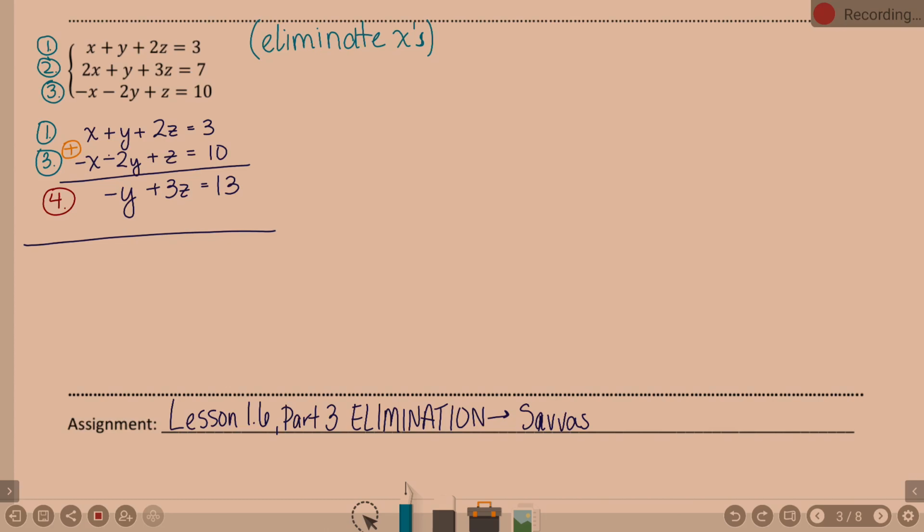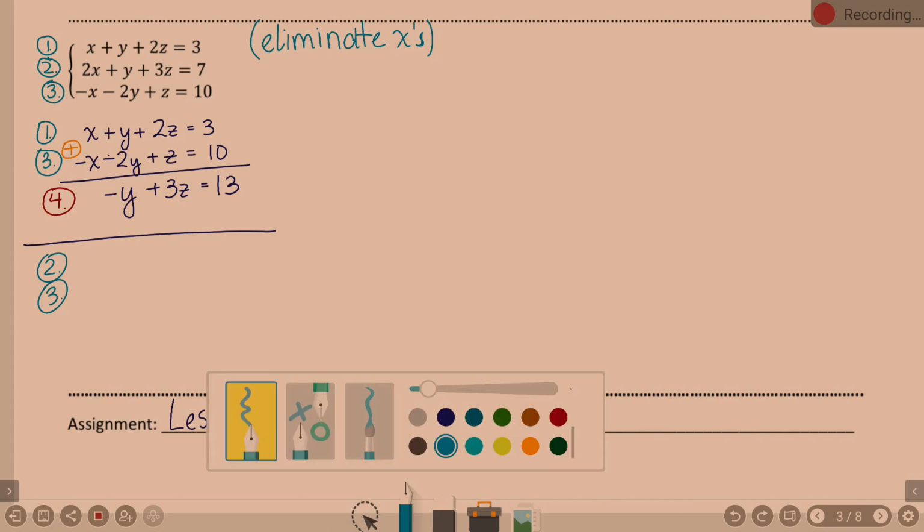The slight advantage of 2 and 3 is you already have a positive versus a negative. The catch is that they're not both 2. So what are we going to have to do? We're going to have to multiply equation 3 then by 2. So, okay, equation 2 and 3 is what we're going to go for then. Let me write these down and then I'll do my multiplying.